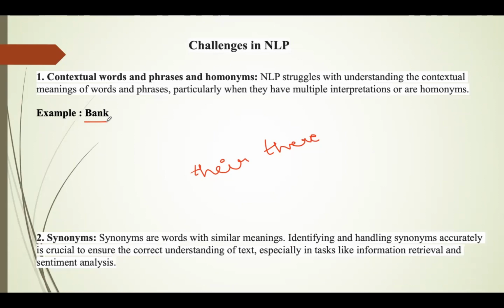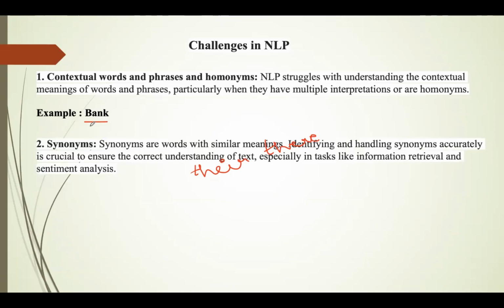Next, second one is synonyms. Here, synonyms present challenges for machine learning models that NLP uses to function. As many different words can be used to describe the same idea, a machine learning model that has not been trained on all possible synonyms for a particular word or phrase will struggle to identify these words when they are implemented within a chatbot or speech-to-text application.